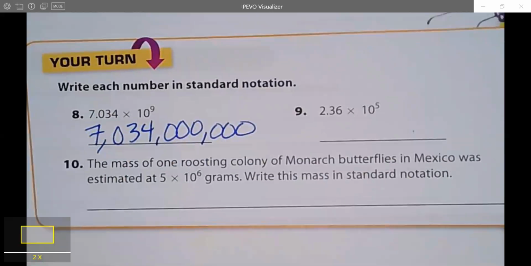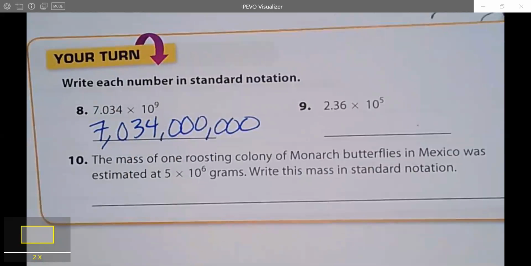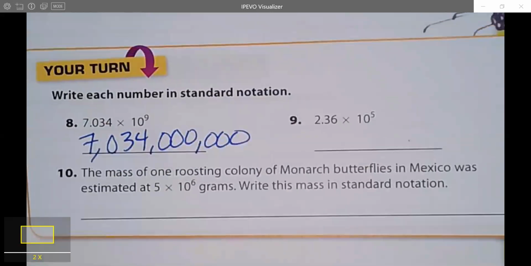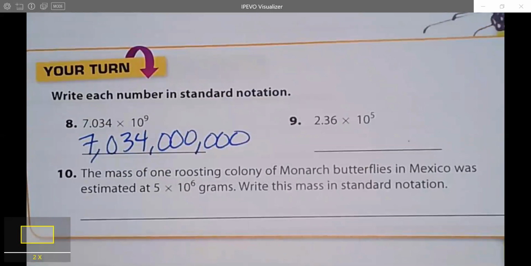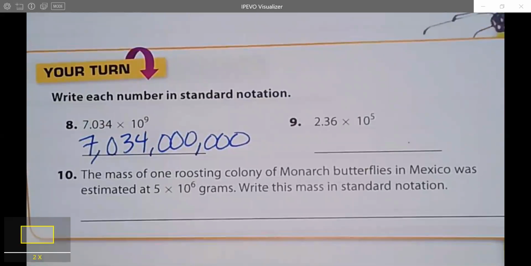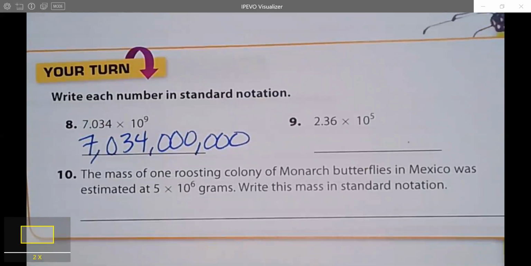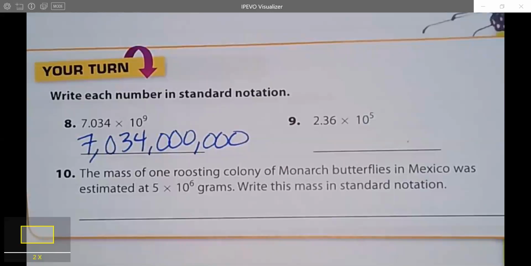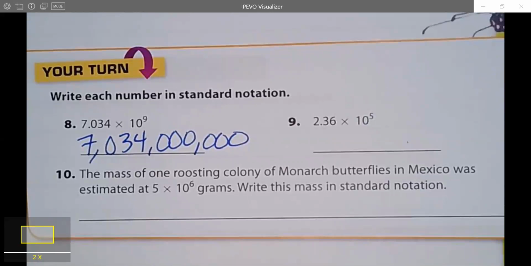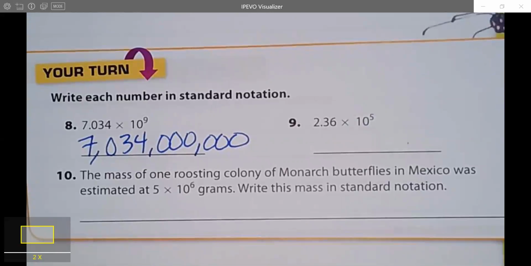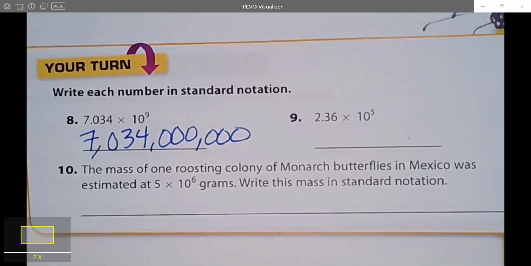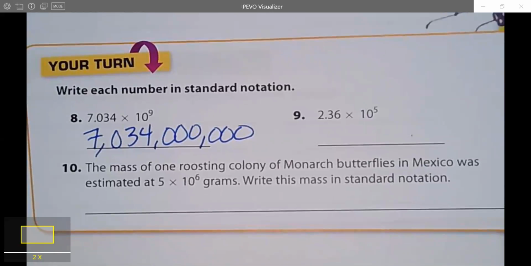Pretty cool. Number 9. Let me try someone who hasn't said anything. Dwayne, what is number 9? I put 23,600,000.